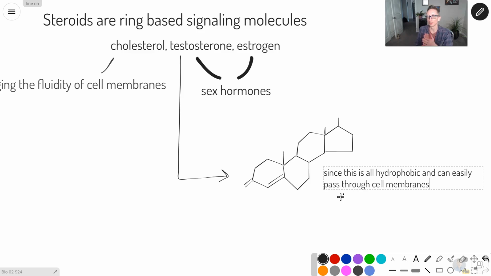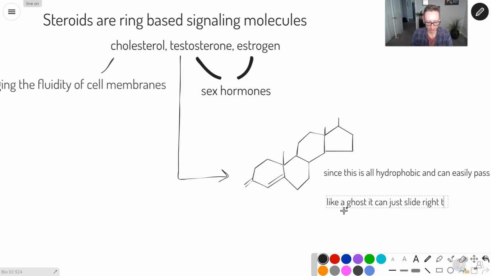We'll talk about different types of diffusion through membranes, but this thing can just go like a ghost, just slide right through membranes.